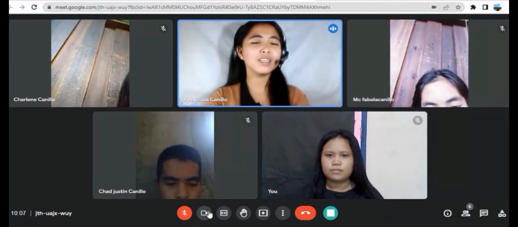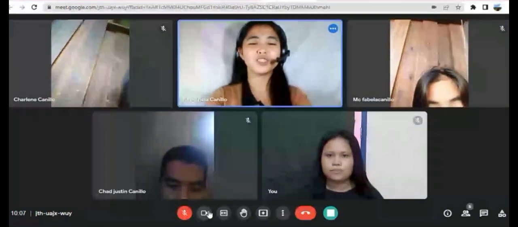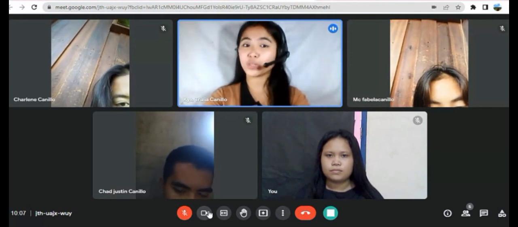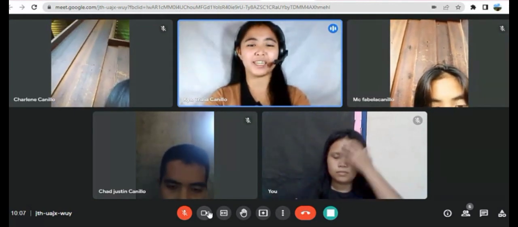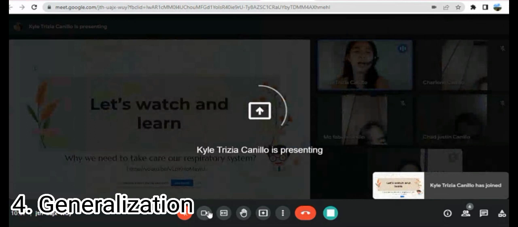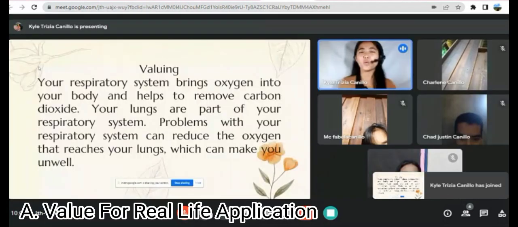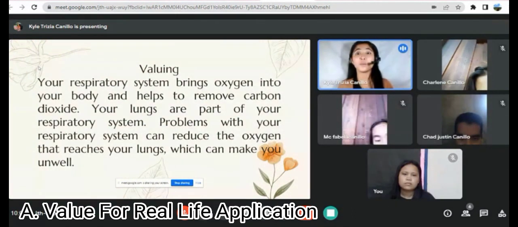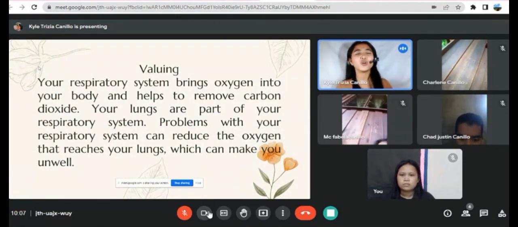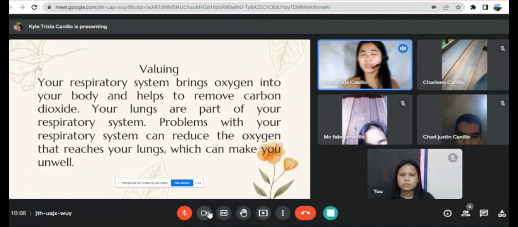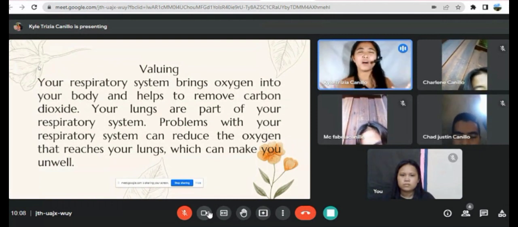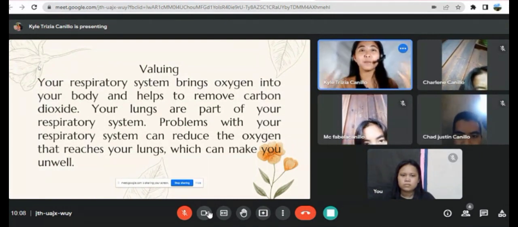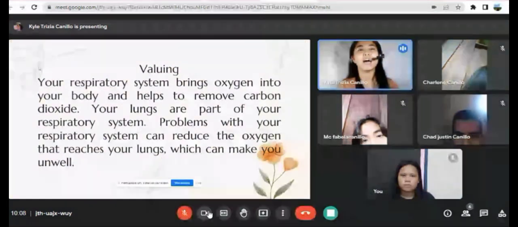Okay, that is all about how to take care of our lungs. Now let's continue our discussion. Now, after we watch the video, we have here a value integration. The respiratory system brings oxygen into your body and helps to remove carbon dioxide. It helps us to breathe in and breathe out. That keeps us alive.